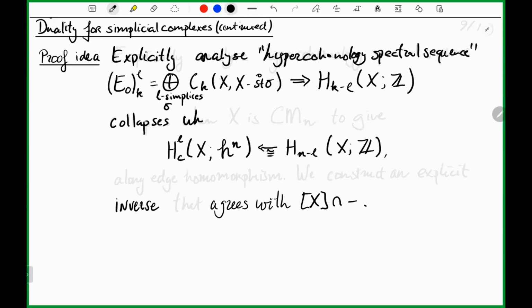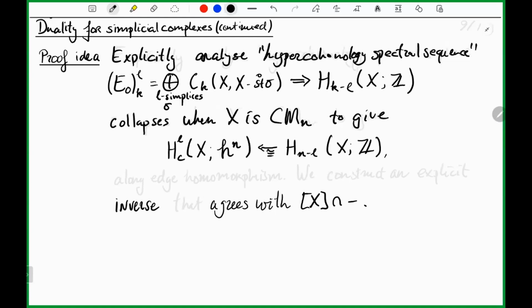So the spectral sequence collapses when X is Cohen-Macaulay of dimension n to give an isomorphism between, well, it turns out to be the rows on the E2 page and the homology of the double complex, which is the homology space.